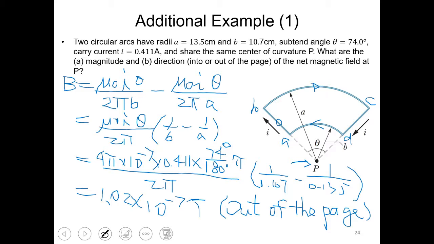That one points into the page, this one points out of the page. So part of it is cancelled, and the overall magnetic field is out of the page. So this is pretty easy.